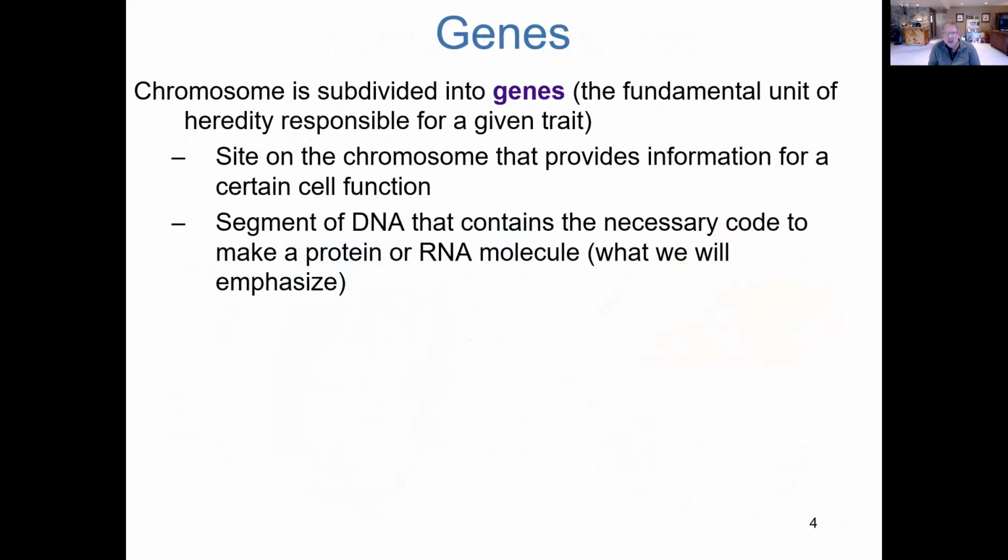We often define a gene as a unit of hereditary material that is responsible for providing a given trait to the organism or to the cell, if it's a single-celled organism like euglena, for example, or a bacterial cell. Those genes held in that chromosome of the bacterium provide all the necessary traits that define that bacterial cell.